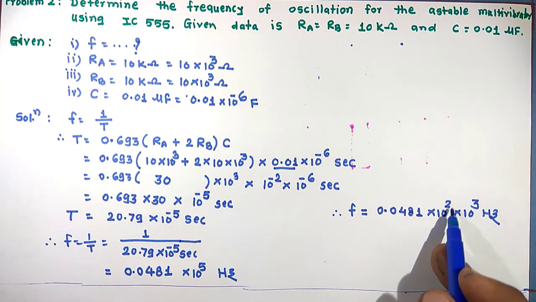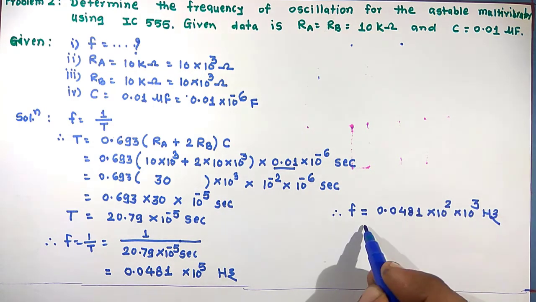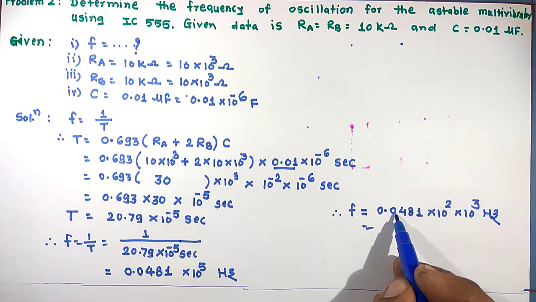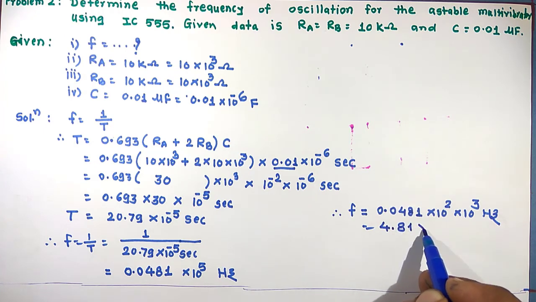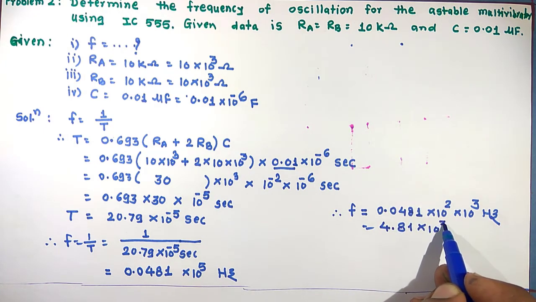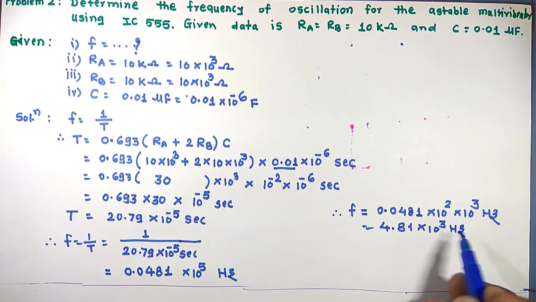Let us merge this 10 raised to 2 into this. Let us multiply it by 10 raised to 2, so the decimal point will shift 2 places in this direction. So it will be 4.81 into 10 raised to 3 hertz.